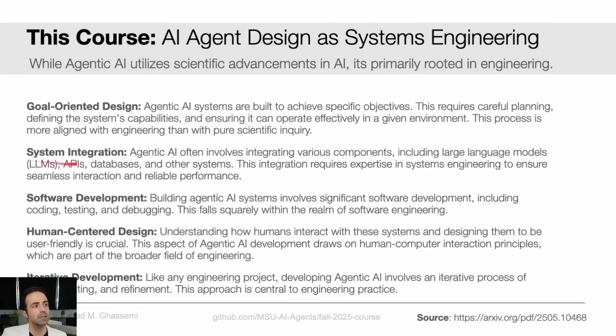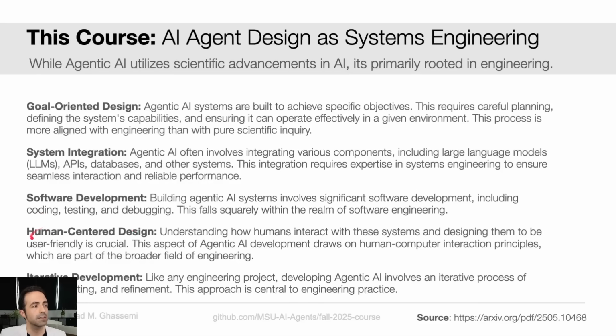System integration is another important consideration for agentic AI, taking various components, LLMs, APIs, databases, and other systems. And this integration requires expertise in systems engineering so that you make sure the pieces can interact seamlessly and perform reliably. There's software development that has to take place because if you're going to orchestrate multiple systems, obviously software engineering principles are going to be important.